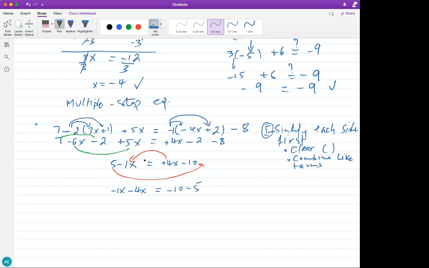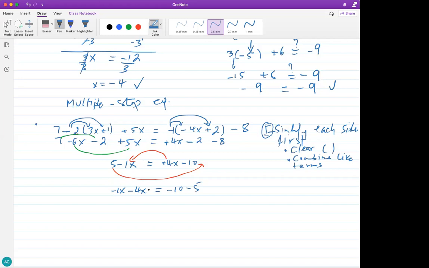Just move the x's to one side and the numbers to the other side. All you have to do is change the sign of whatever thing you move to the other side. If you just move it within one side, you don't change the sign. Let's say you want to move 5x next to this one, no need to change the sign. The sign stays the same. But if you move something across the equal sign, that's when you change the sign of it.